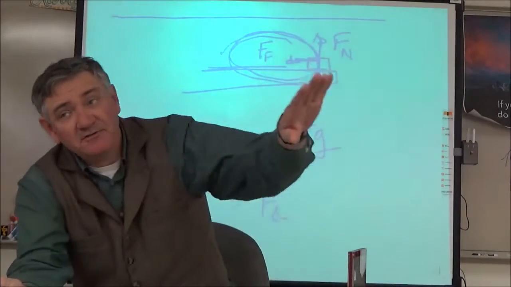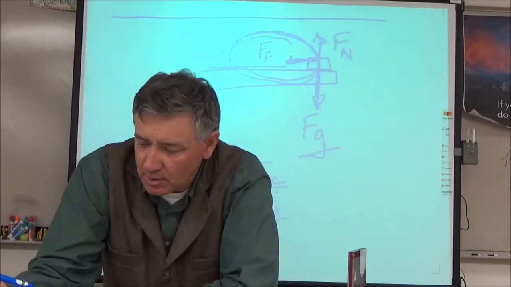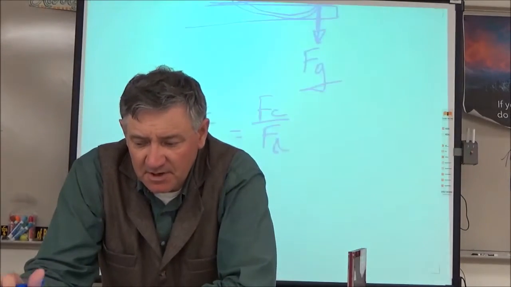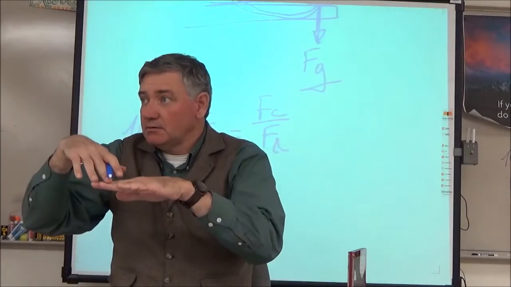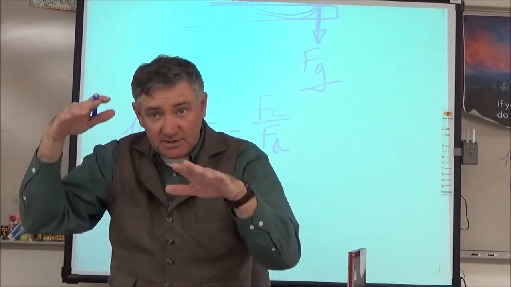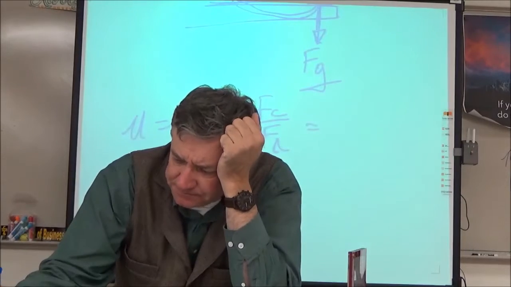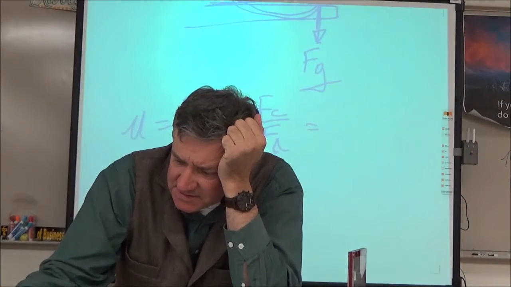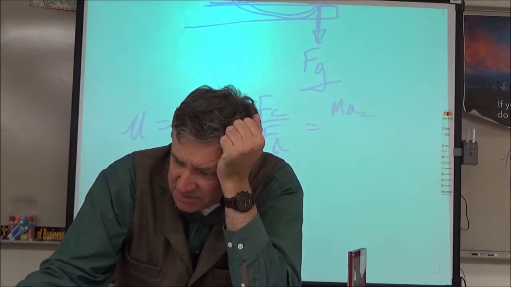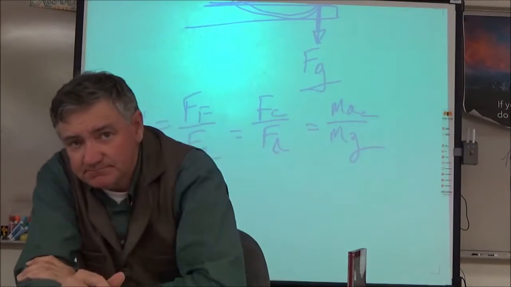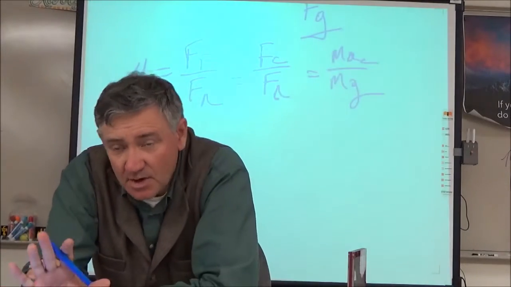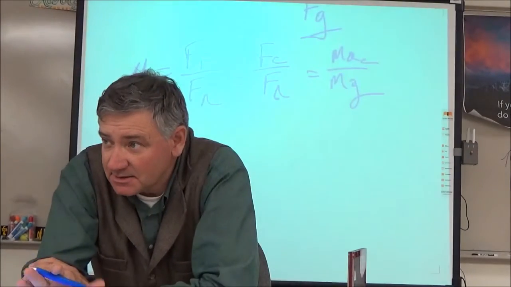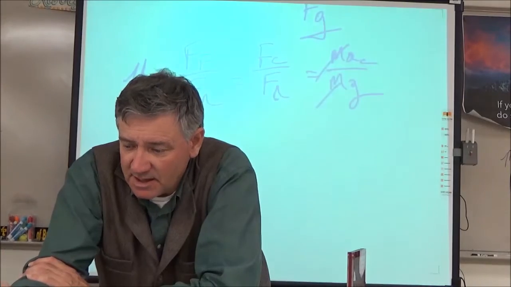Because we're on a flat surface, the normal force is equal to what? Gravitational force. So I could rewrite this as mass times my centripetal acceleration divided by mg. If you look at it from this perspective, what's going to happen to your mass? It's going to cancel out.